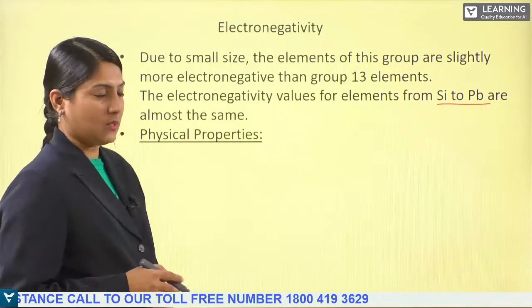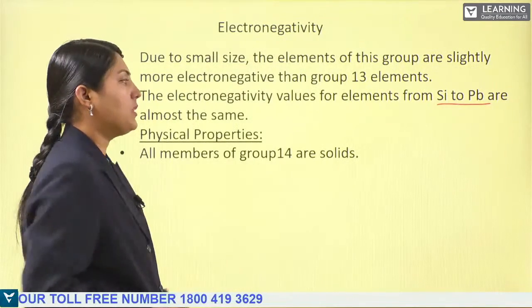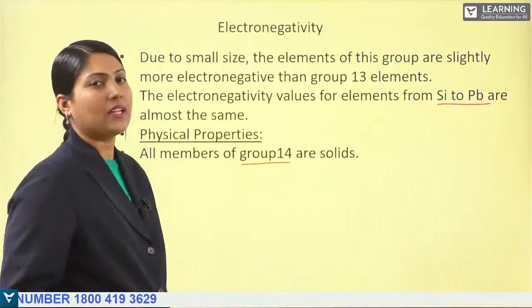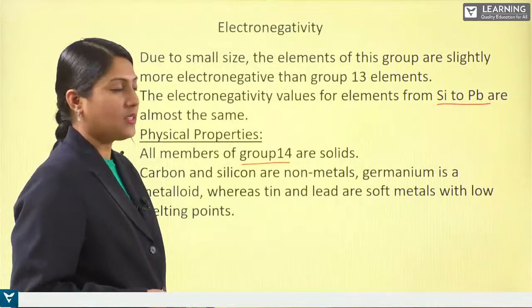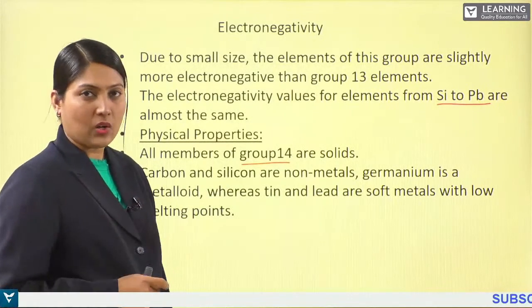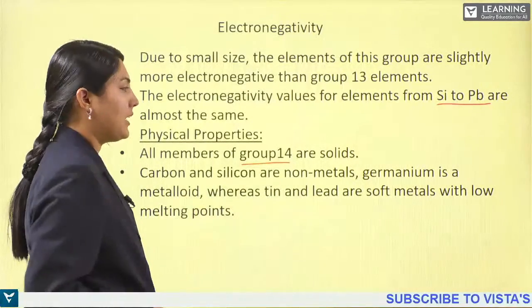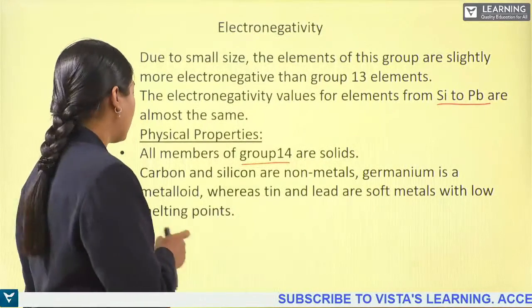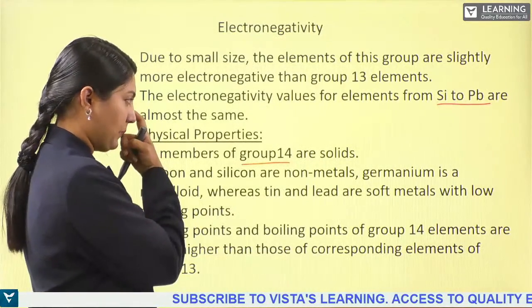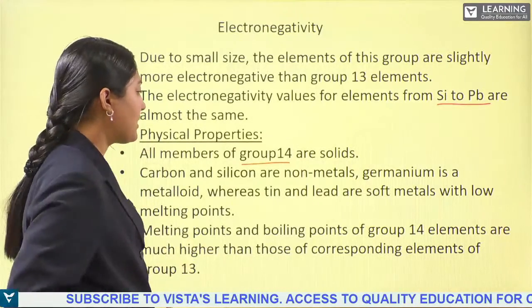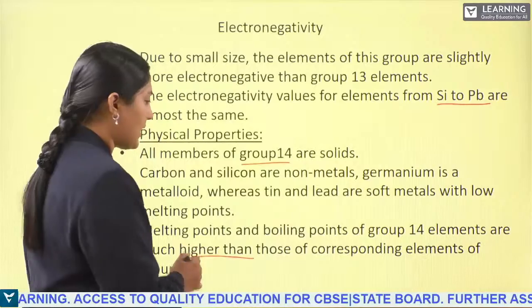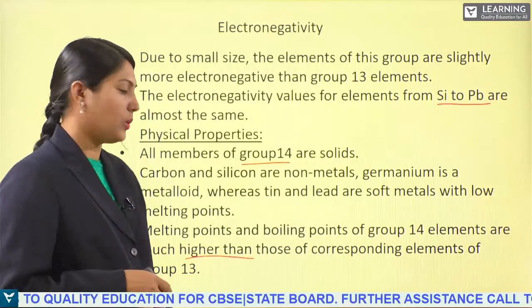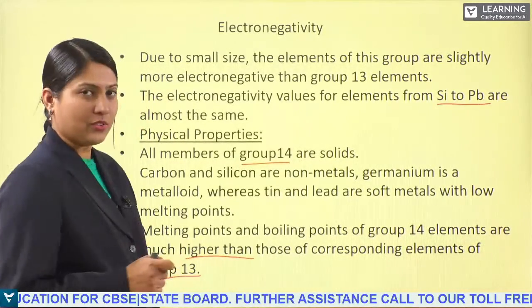And what about the physical properties? All the members of group 14 are solids. Carbon and silicon are non-metals, germanium is a metalloid, and tin and lead are soft metals with low melting points. Melting points and boiling points of 14 group elements are much higher than those of the corresponding group 13 elements. Don't get confused here, students.